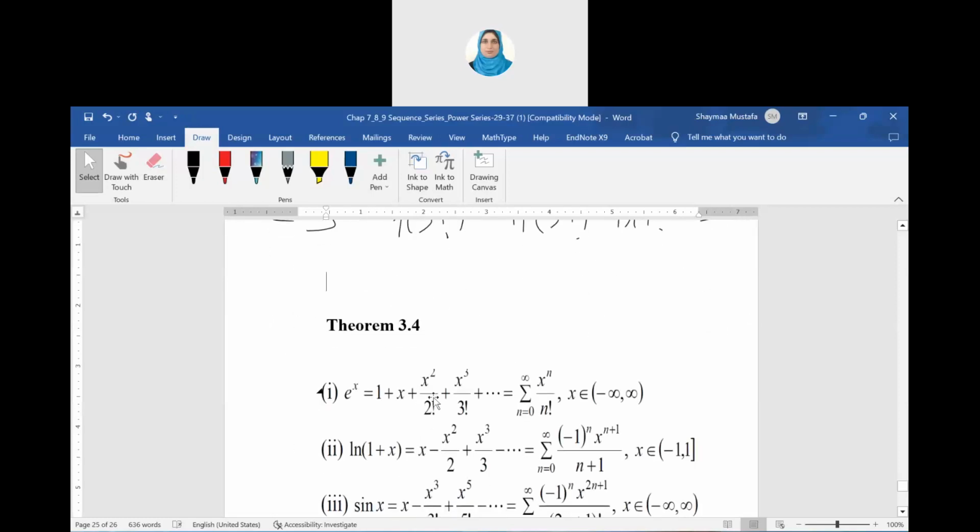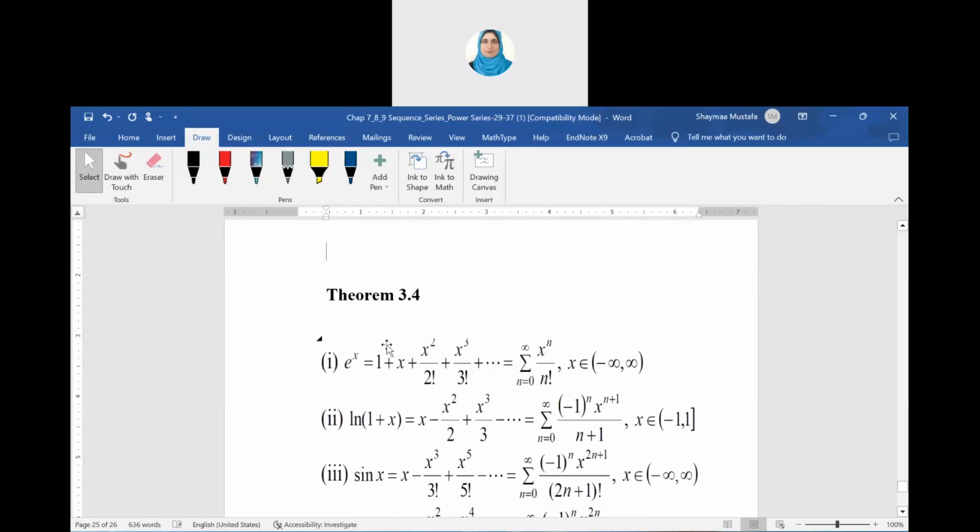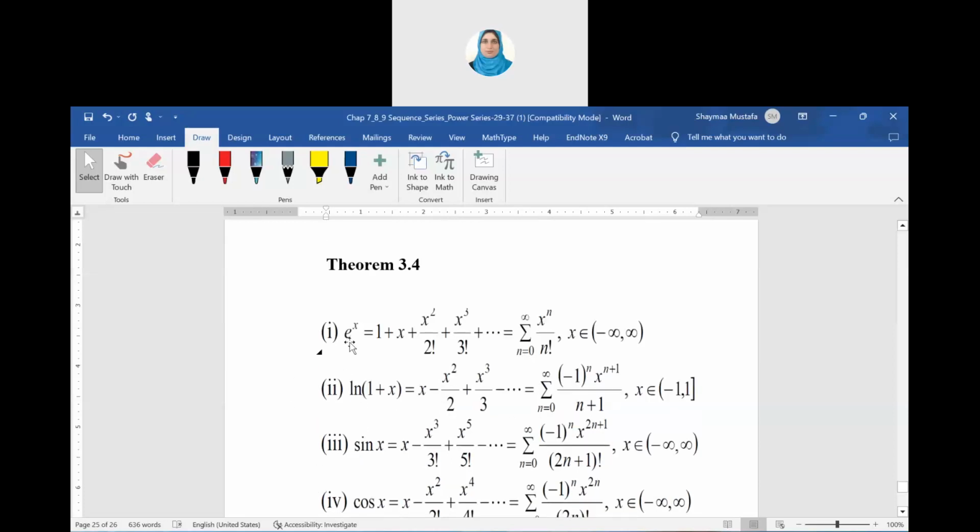So now we have the theorem. This theorem summarizes the power series, or the Maclaurin series, of some functions. The function e to the power x, as we just evaluated, is equal to the power series of x to the power n over n factorial.